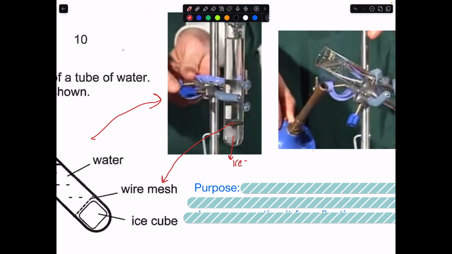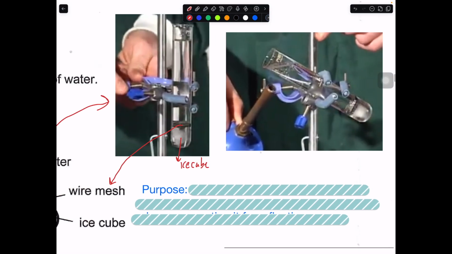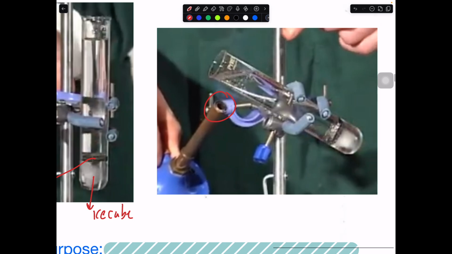After a while, the person will apply a heat source over here, and you can see bubbles coming out because the water is starting to boil. But what is interesting is that this part of the water is actually not boiling, and you can see that the ice cube remained in a solid state.